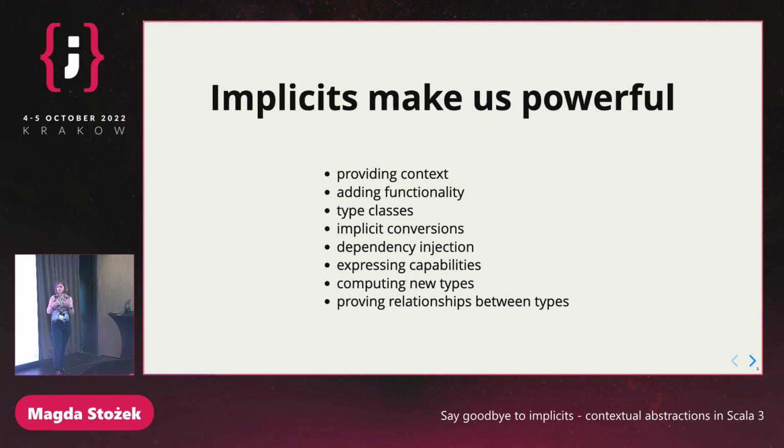So implicits are also very widely used. They are widely used in Scala code and also in libraries. You will often see that if you want to use some library, you have to somehow use implicits.